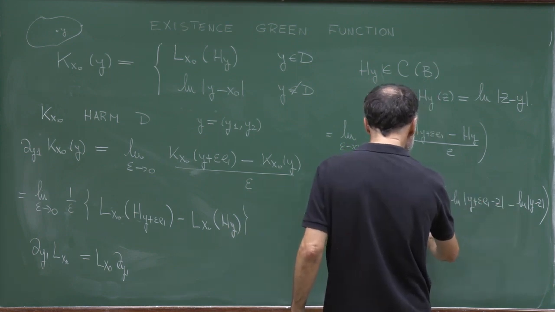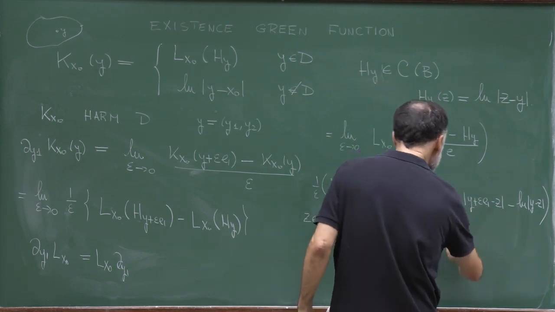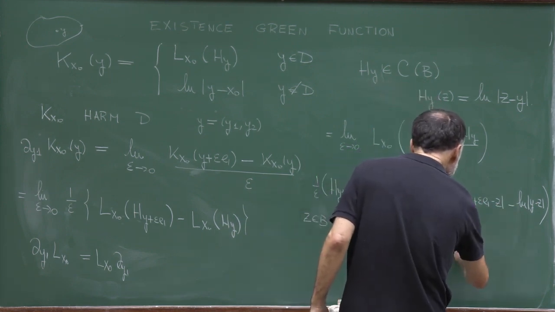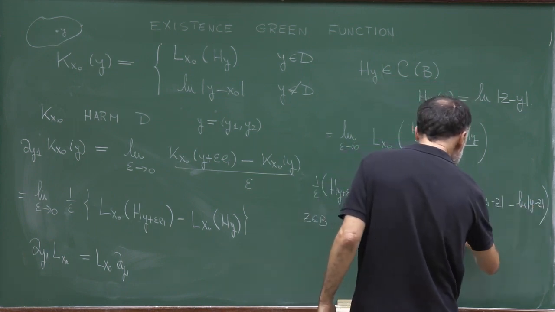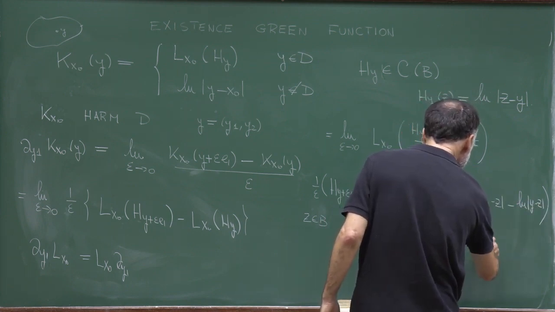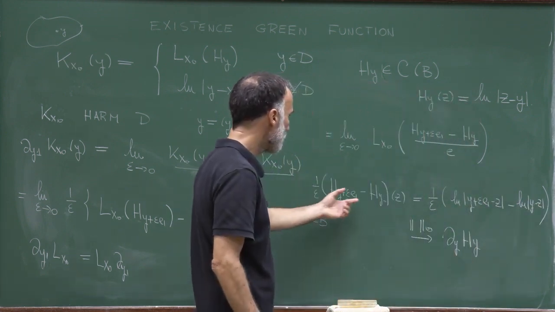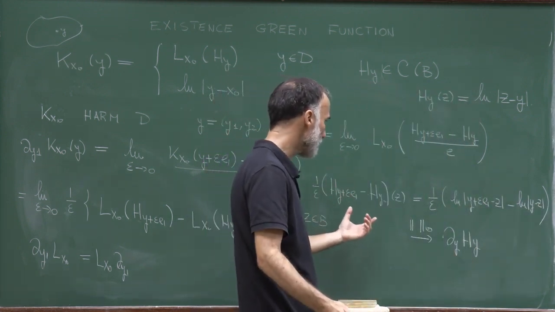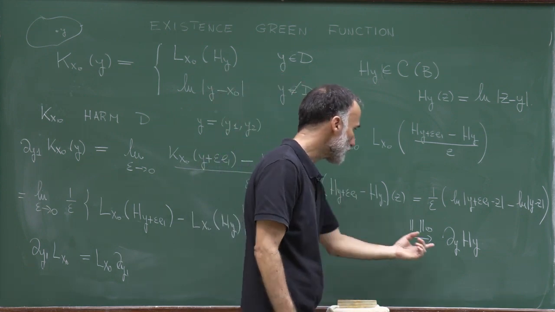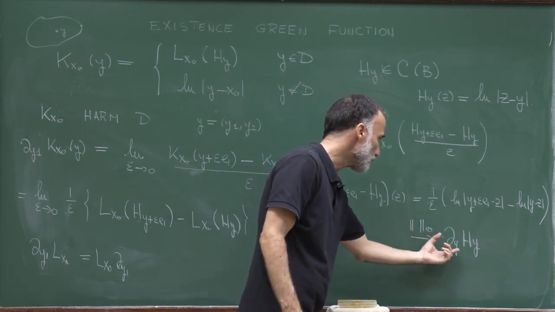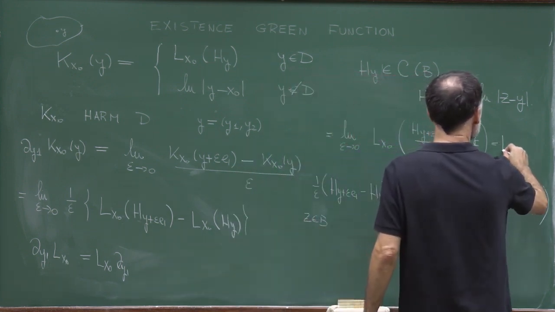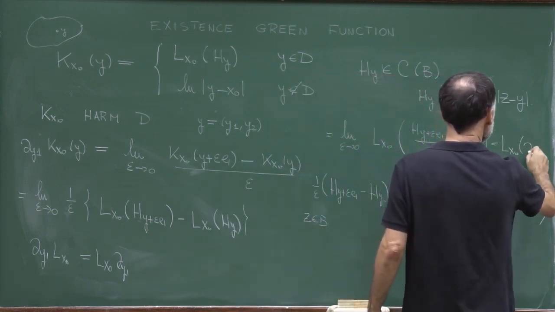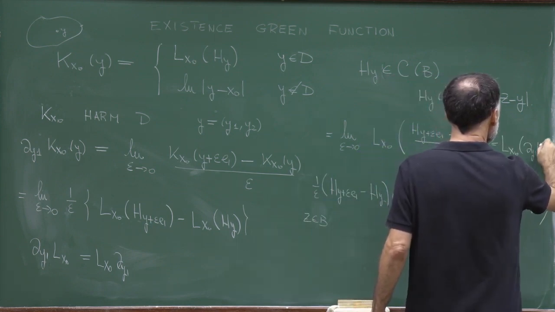So this will converge uniformly to the derivative in y of the function log of (y minus z), but this is exactly the derivative of h at y. So we proved, well, we didn't prove, but you can prove that this sequence converges uniformly at the boundary to this function, and therefore that this limit is equal to Lx0 of the derivative with respect to y1 of hy.